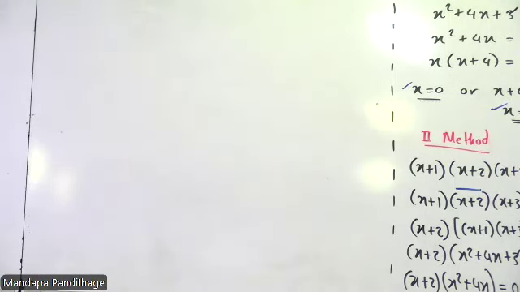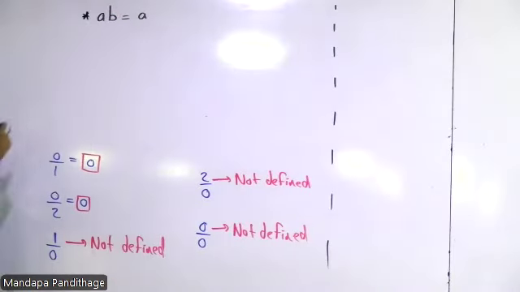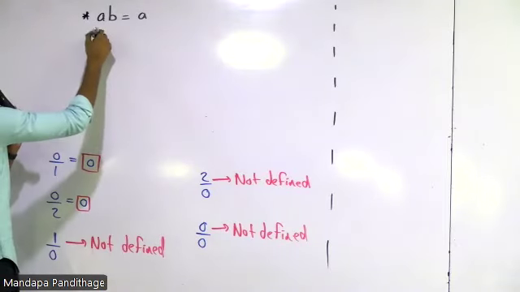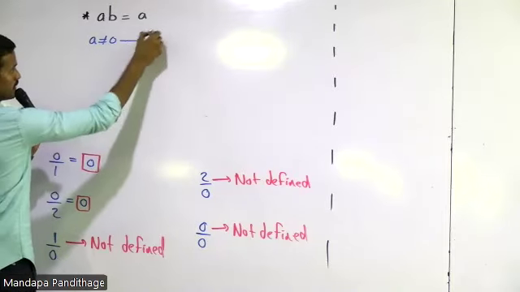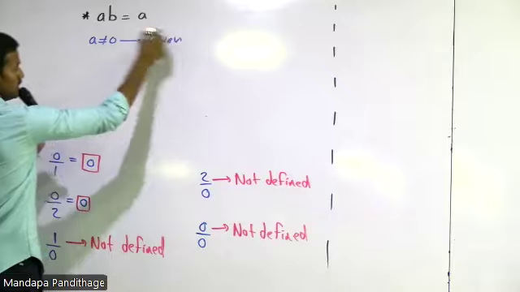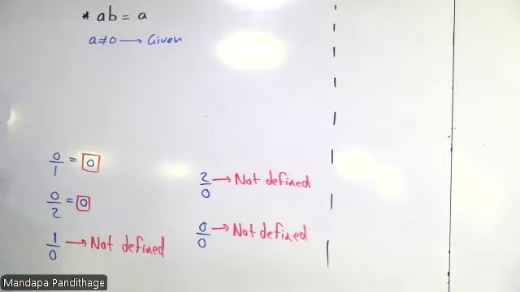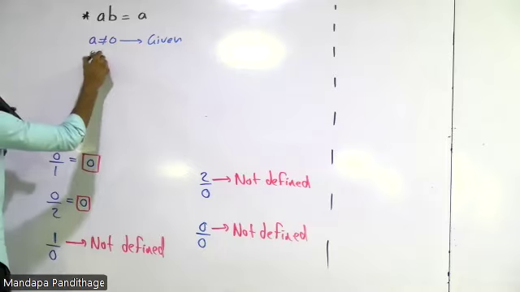So in this way, when we have the equation AB is equal to A, and let's say they have given that A is not equal to 0. When they have given that A is not equal to 0, then there is no doubt.